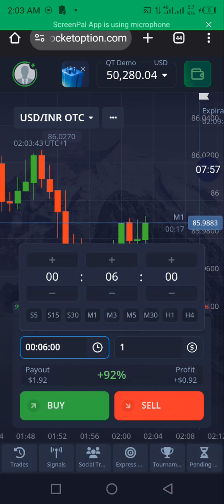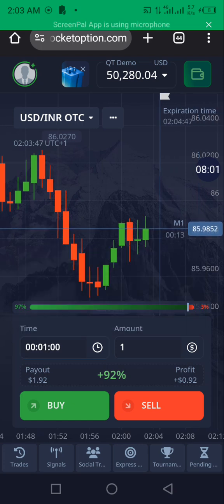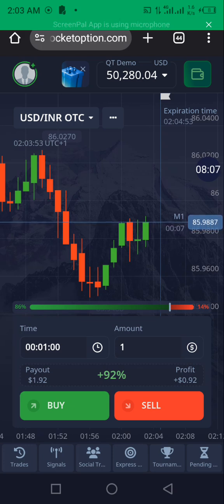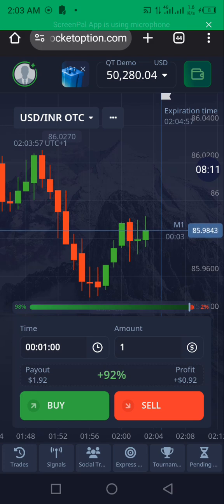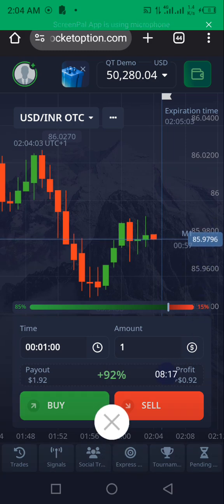Let me say that this signal is 1 minute. When you enter the room, the duration of the trade will be mentioned to you, so that you select all those things beforehand, and by the time the signal is dropped, all you need to do is click on either buy or sell. That signal says sell.